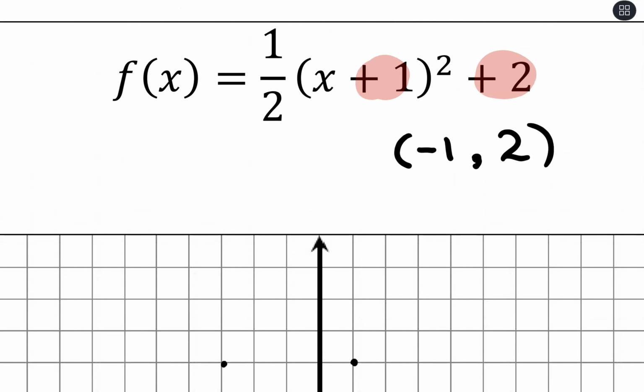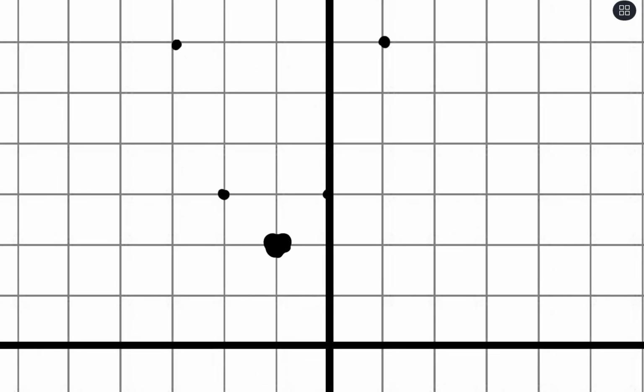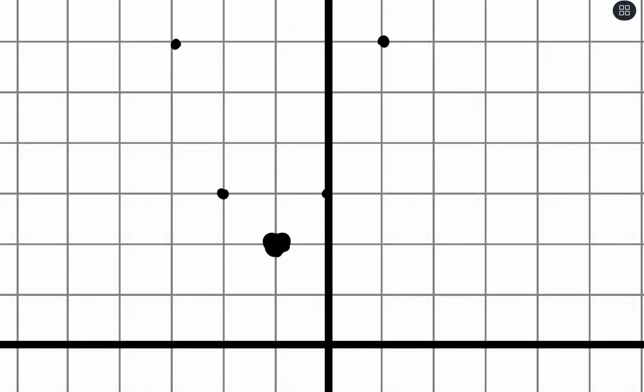Now what we're going to have is a vertical compression by 1/2. So we would usually go up to 1, now we'd be going up to 1/2. So we're shrinking down by 1/2. Where we would usually go up to 4, now we're going up to 2.